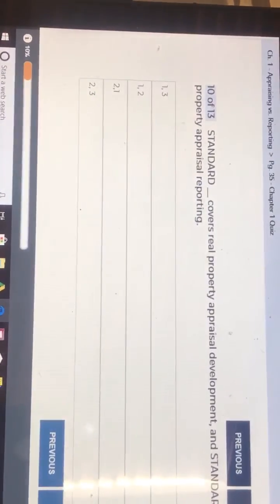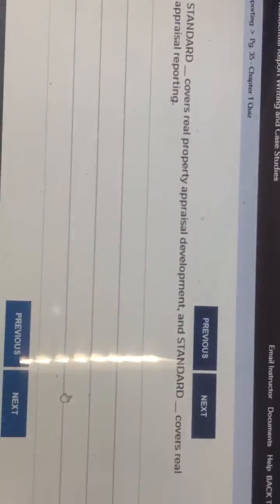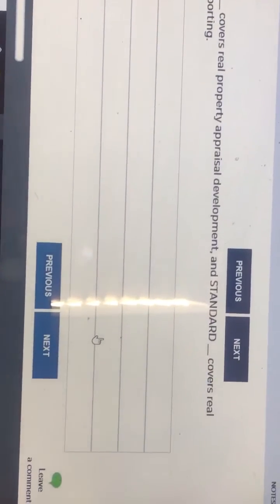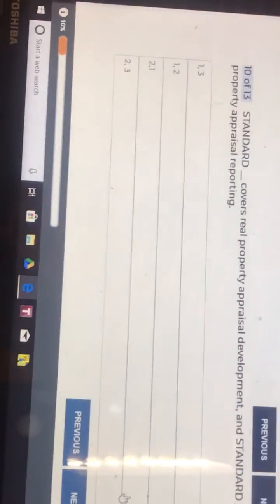Number 10. Standard blank covers real property appraisal development, and standard blank covers real property appraisal reporting.